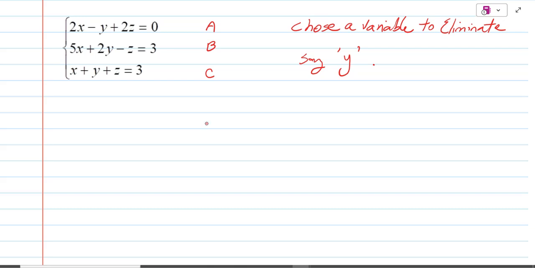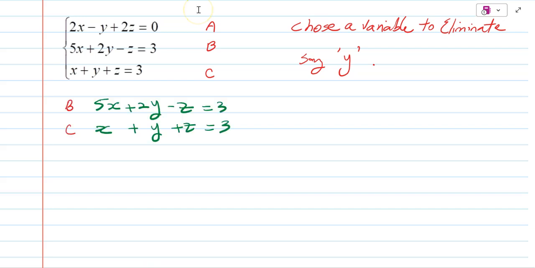So we're going to choose B and C first. We chose y to get rid of, which means we have to make sure the coefficients are the same on top and bottom. So multiply the second equation by 2, and then you subtract the two equations.